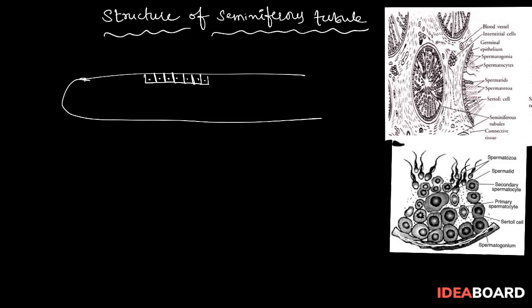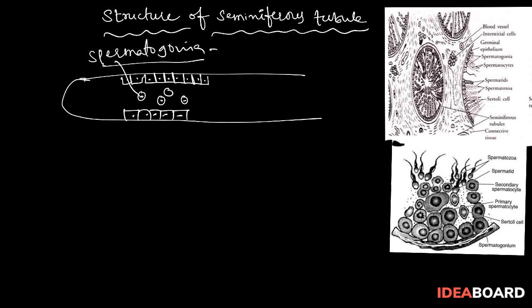The simple cuboidal epithelial cells in the seminiferous tubules are released during the spermatogenesis process at puberty as the sperm mother cells called spermatogonia.